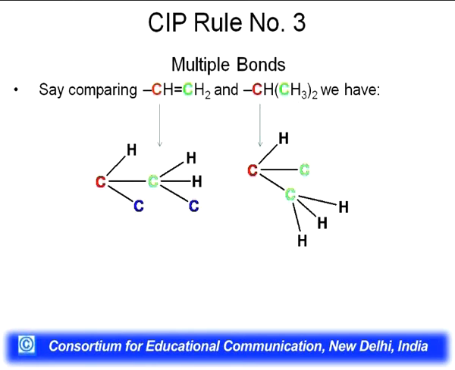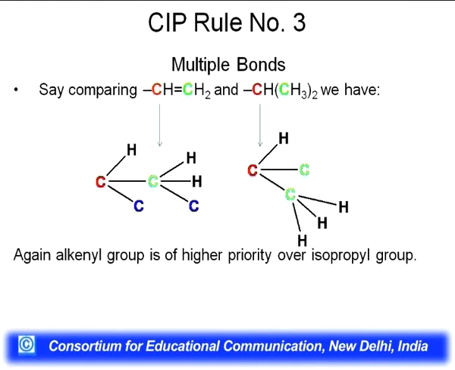We are doing simple things right now. So both are methyls. I have taken one of the methyls, and I have further taken the atoms attached, 3 hydrogens. This green carbon in alkenyl has H, H and C, so clearly our alkenyl group is a winner again, and the alkenyl group gets the higher priority over the isopropyl group.